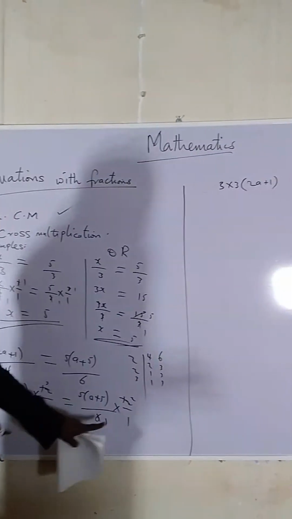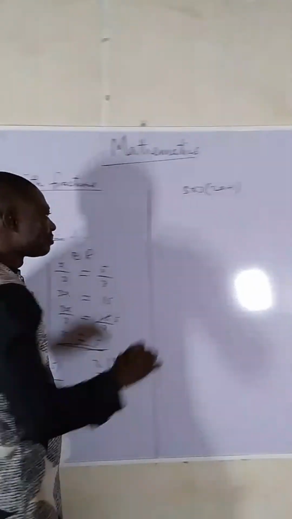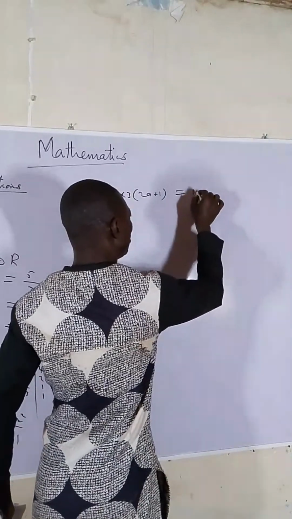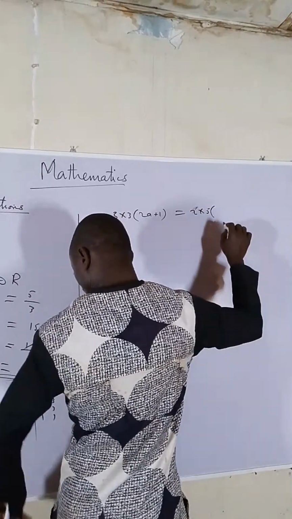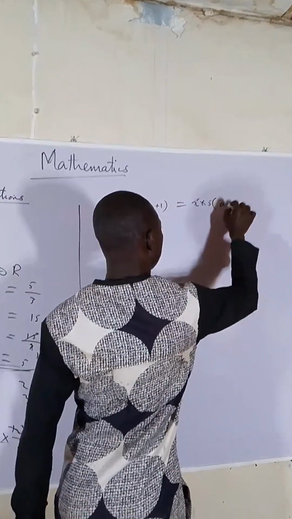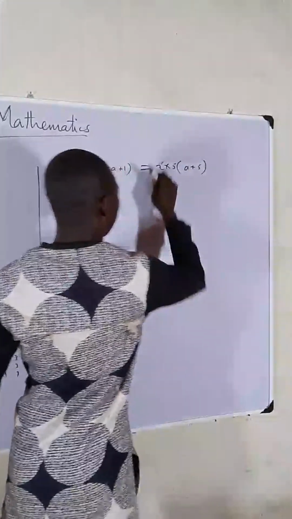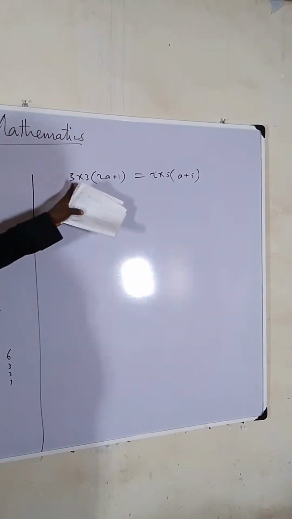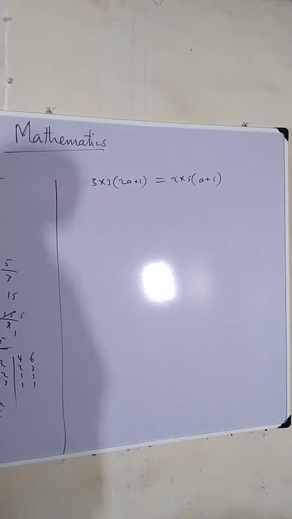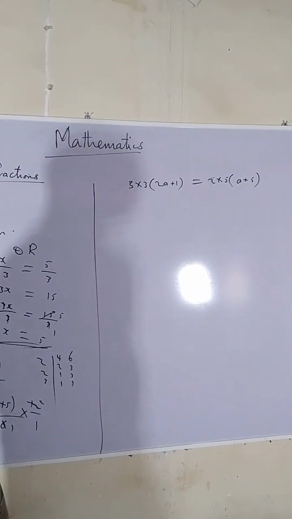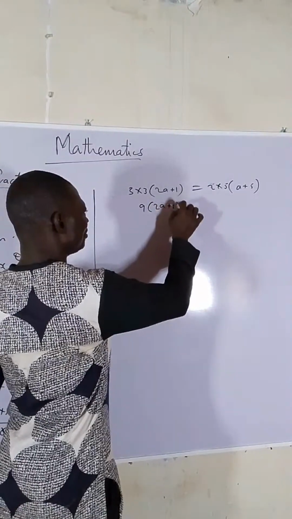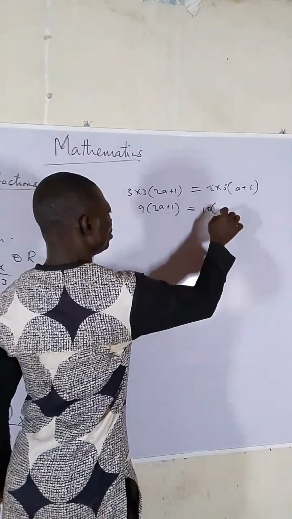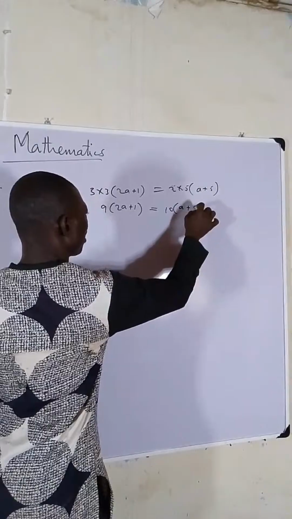And then we have here 2 times 5. So we have k is equal to 2 times 5 into a plus 5. Yes. What do you know that this is going to give us 9? And on the right hand side, we're going to have 10. So what do we have? 9 into 2a plus 1 is equal to 10 into a plus 5.